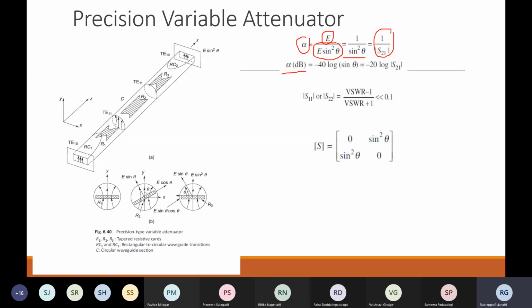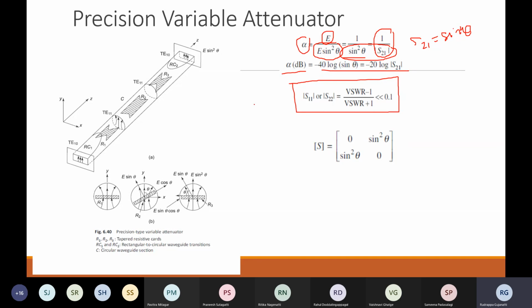And when we represent it in terms of dB, this is the value we obtain. Now, if it is symmetric, we can obtain these representations. Here, S21 is actually equal to sin square theta.